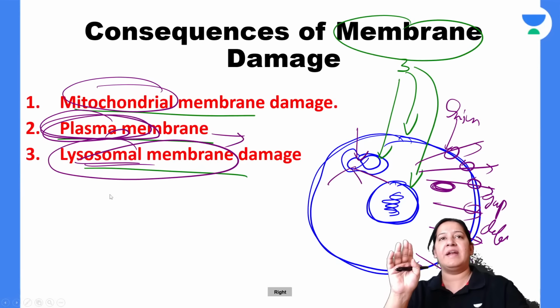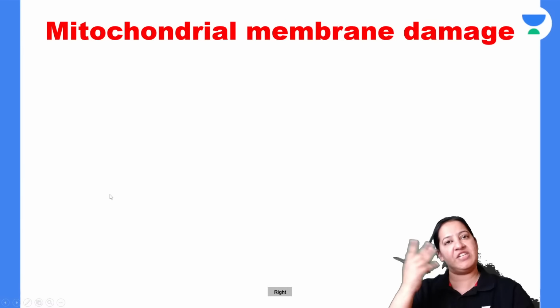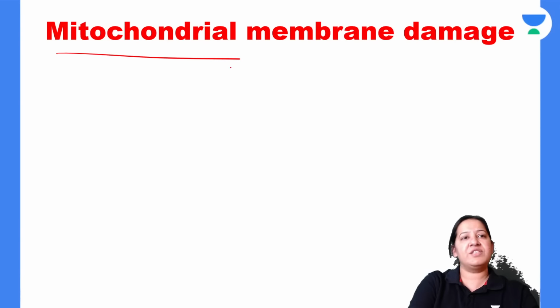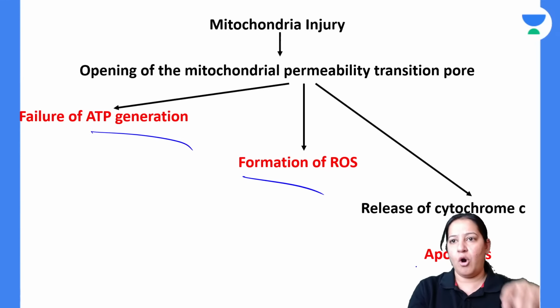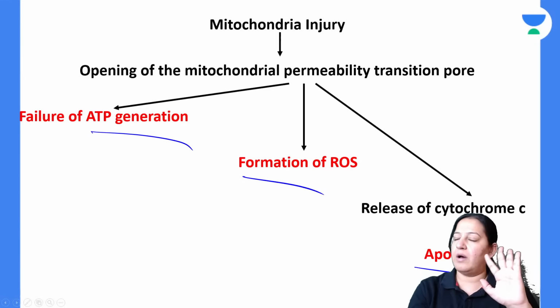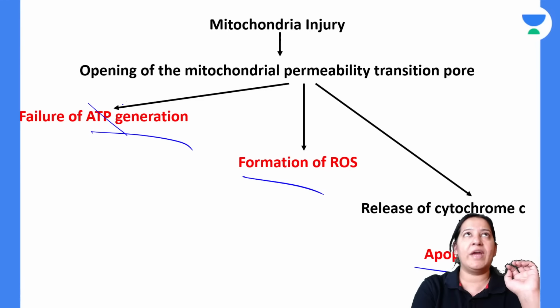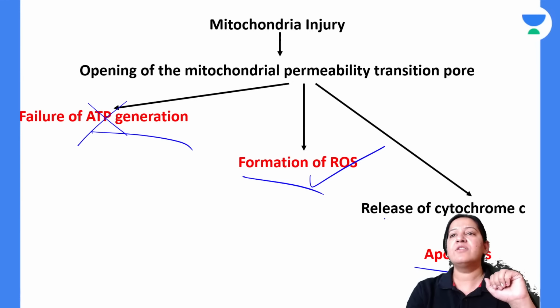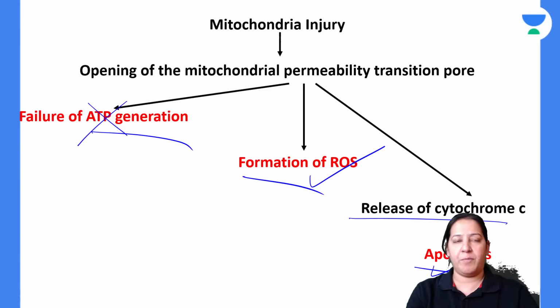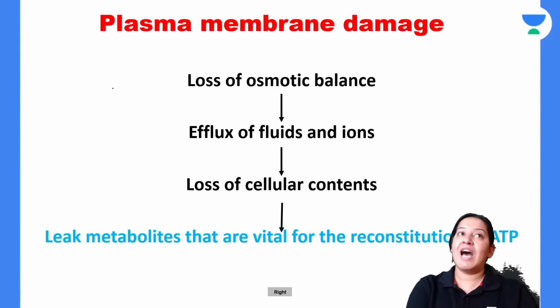So that is the membrane damage. Three types of cell membrane damage take place. Number one, mitochondrial damage, that I have already taught you. Due to mitochondrial damage, three things happen. Normal oxidative phosphorylation does not take place, so no ATP formation. Abnormal oxidative phosphorylation takes place, so ROS formation and release of cytochrome C that will lead to apoptosis. Number two, plasma membrane damage.